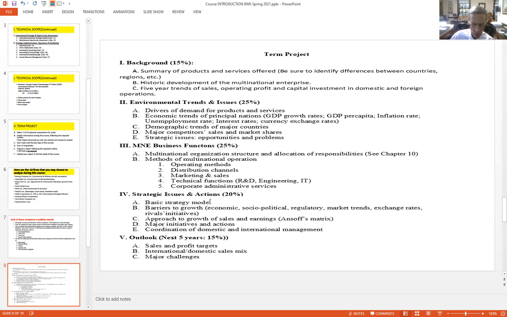So as we work our way through the course, we'll talk about this term project and what's in it. But remember that the smart move is at each stage, each week, as we go through chapters, try to see if there's something about the topics in those chapters that you can retrieve regarding the company that you choose.